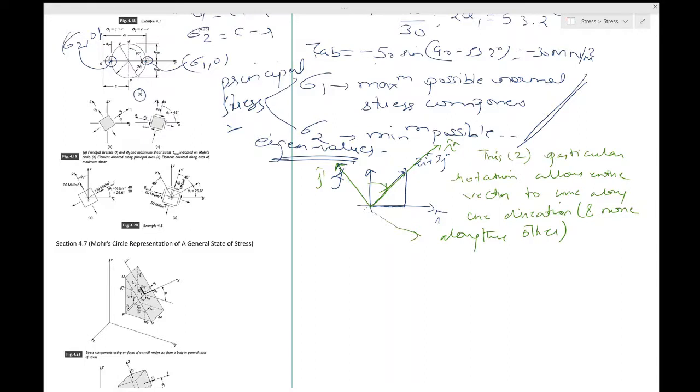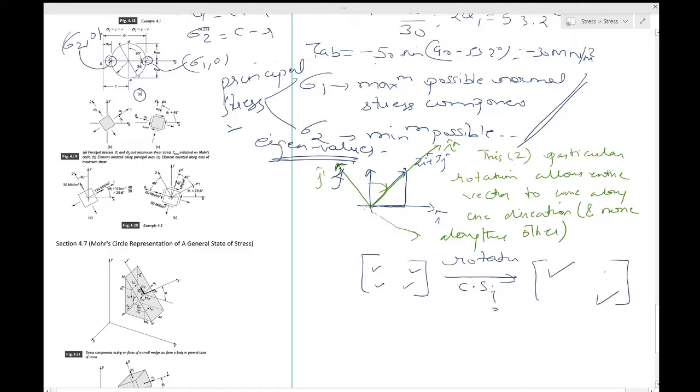Now this was the last visualization which I could have shown you for this fact, but I really want you to see this. You have a 2 by 2 matrix, 1 2 3 4, and you want it to undergo a rotation. The coordinate system undergoes a rotation. Under what rotation do you get a value only along the principal directions, which are sigma xx and sigma yy, but tau xy is 0, just like it happened in the previous case?